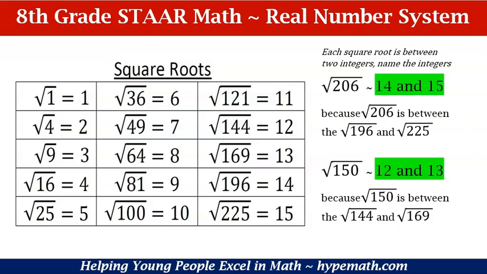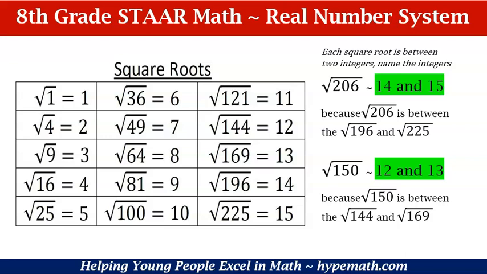So when we are looking for the two integers a square root is between, you look to see where the square root lies and then look at the integers for those square roots.